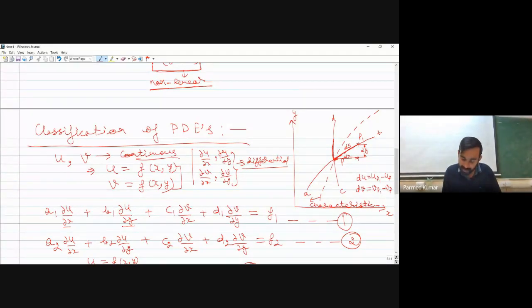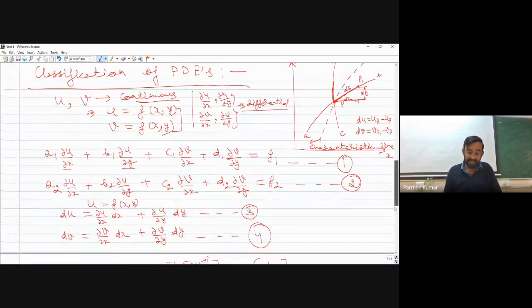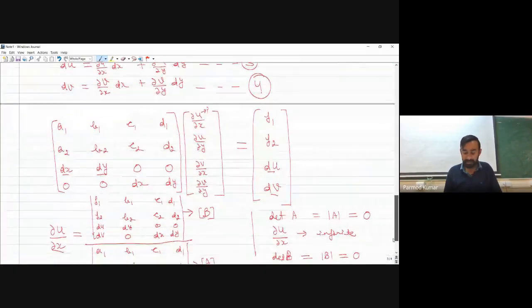So this is my characteristic line over here. It basically represents a particular direction on our xy plane. Along this direction, we will not be able to differentiate our functions, and whatever derivative terms we have are nothing but either infinite or indeterminate.